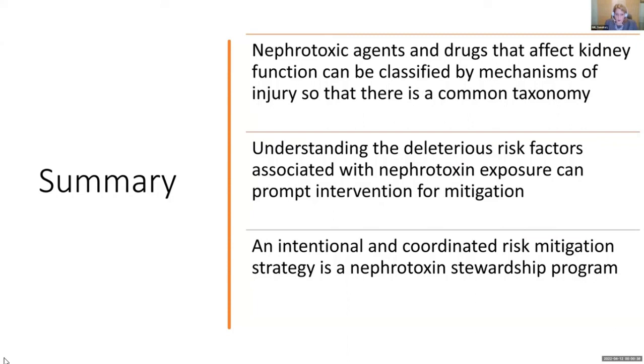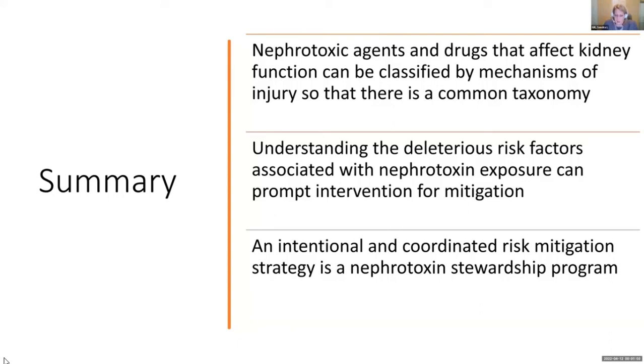So overall, this is just summarizing what we've talked about. We've talked a lot about nephrotoxins, how you might classify them, how you could think about them slightly differently than just the concept of pre, intra, and post-renal. We've given a lot of consideration to deleterious risk factors, what puts a patient at risk, including nephrotoxic burden, including specific drug combinations.